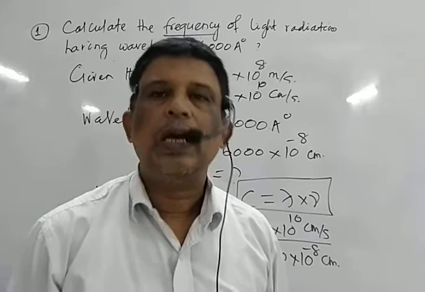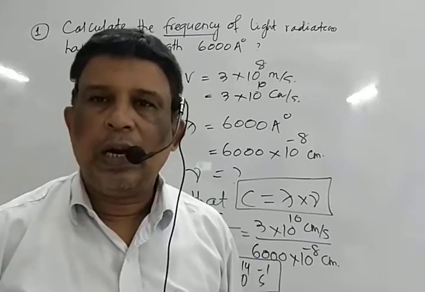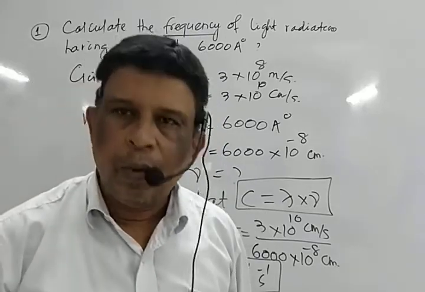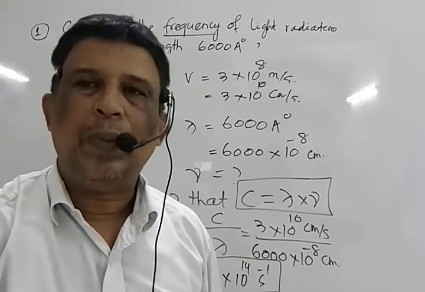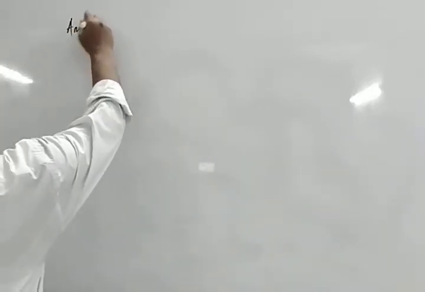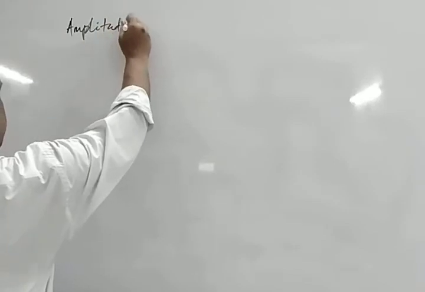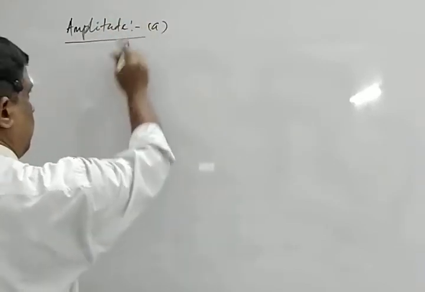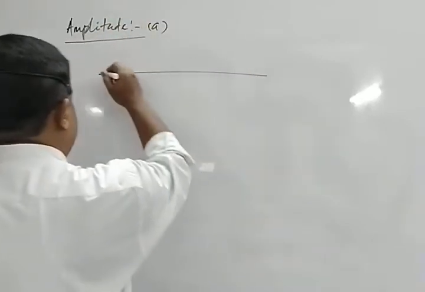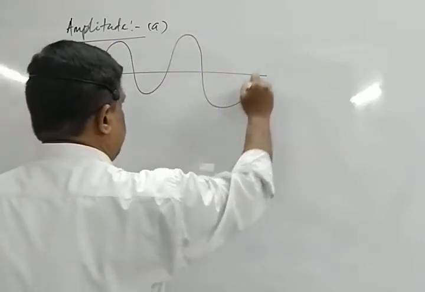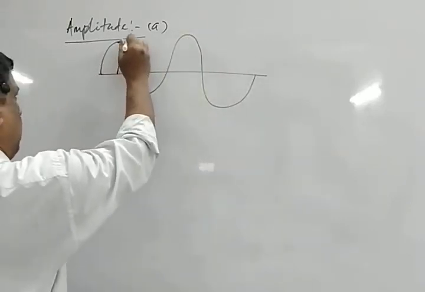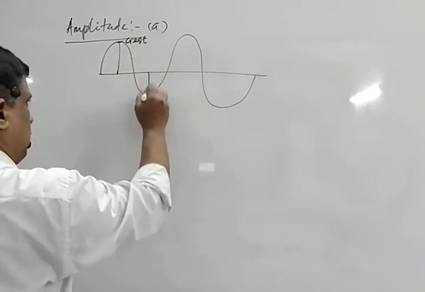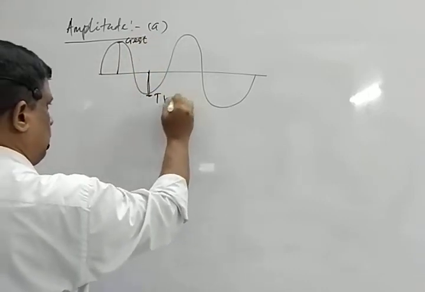Next we switch over to another two terms, wave number and amplitude. Next we discuss amplitude, symbol A. Mark that. If it is a wave, then it is the maximum height of crest, or the maximum depth of trough.